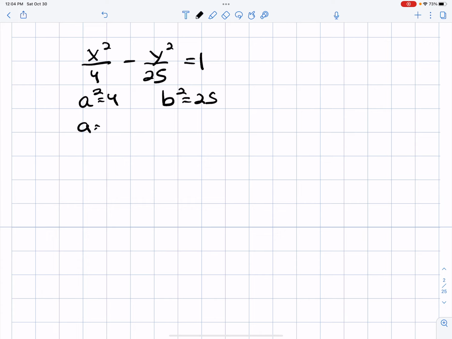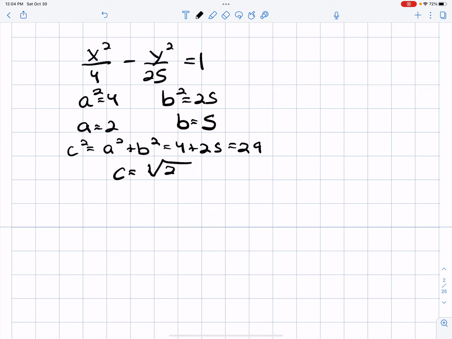So we're going to use 2 for a and 5 for b. And then according to hyperbola, our standard for the c, c squared equals a squared plus b squared. So c squared, which is 4 plus 25, so we're going to get 29. So c, we're going to be dealing with the square root of 29.